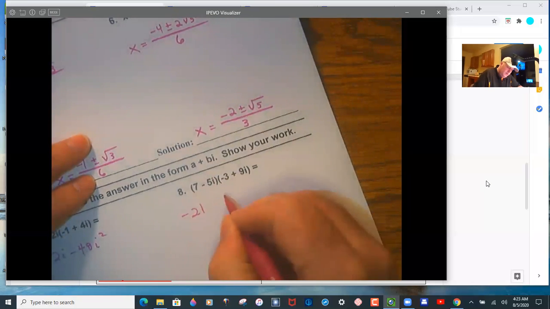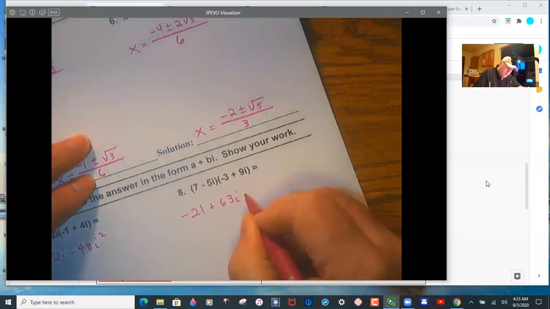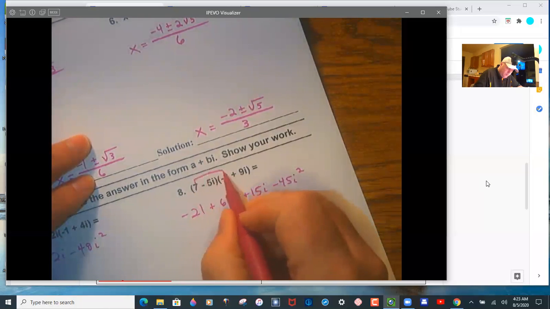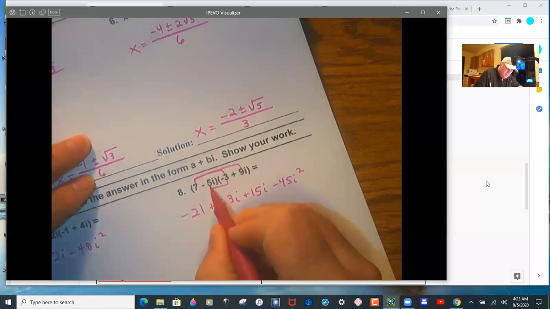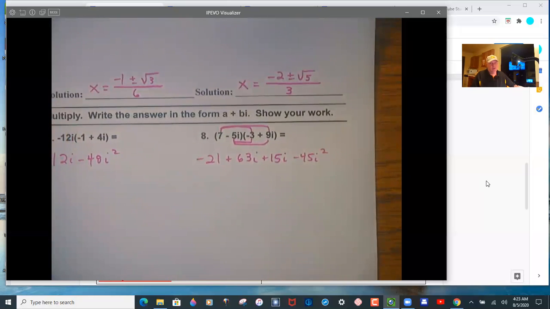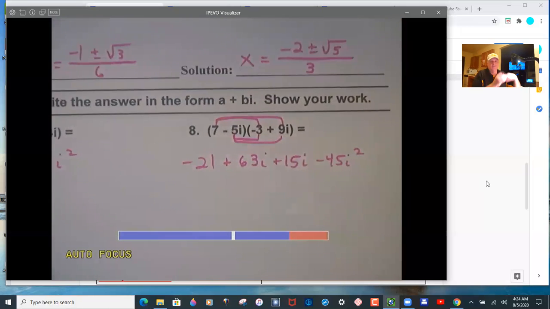Okay, FOIL product on this one. So we have negative 21 plus 63i plus 15i minus 45i squared. So you have to see all of these products. So hopefully you remember, or you did your online work last year, where the FOIL product was important.